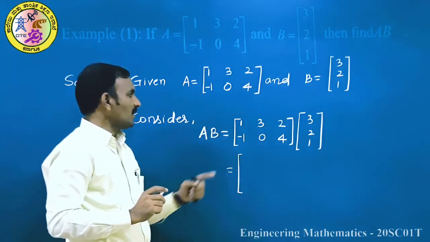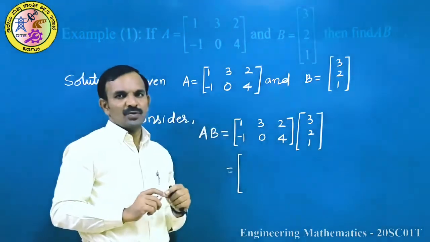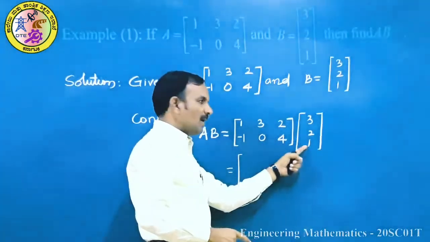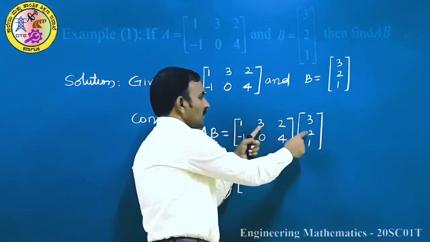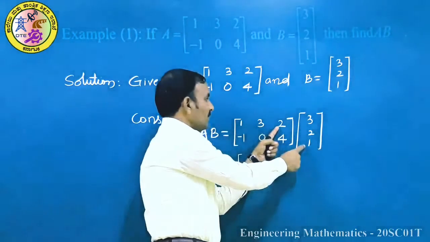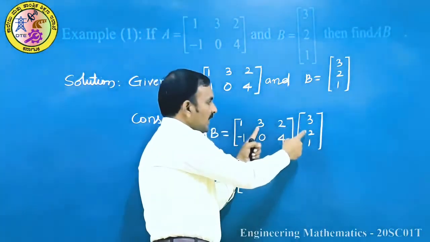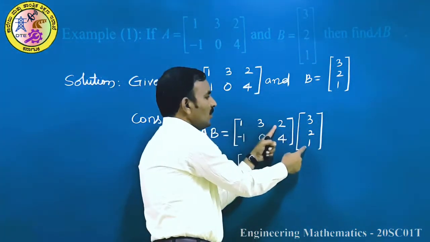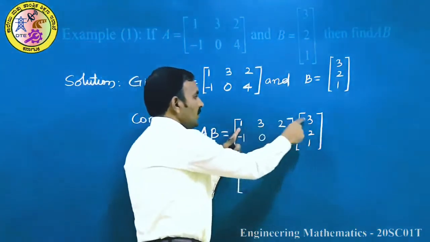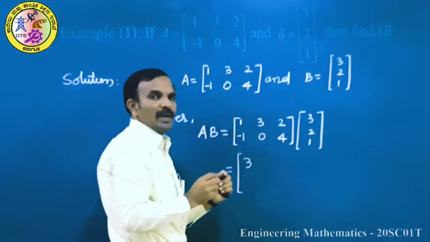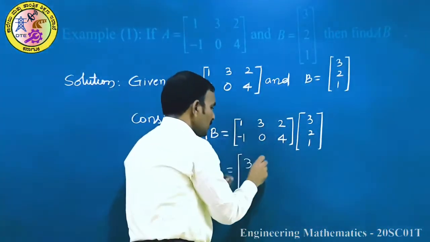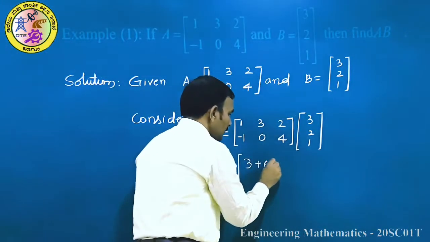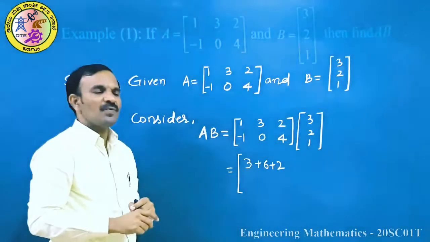The first row is 1, 3, 2 and the first column is 3, 2, 1. 1 into 3, 3 into 2, 2 into 1: 1 into 3 is 3, 3 into 2 is 6, 2 into 1 is 2. That is first row, first column.